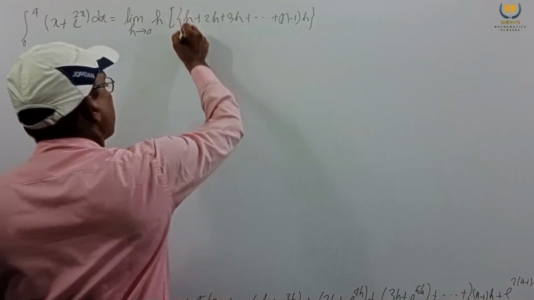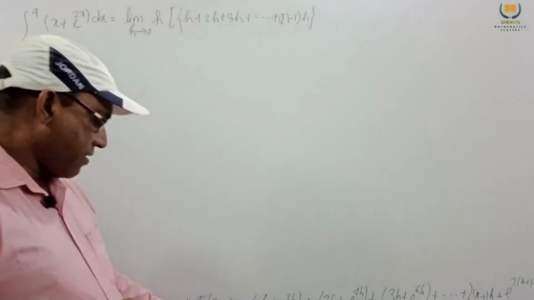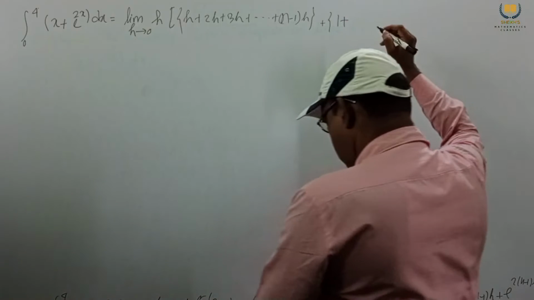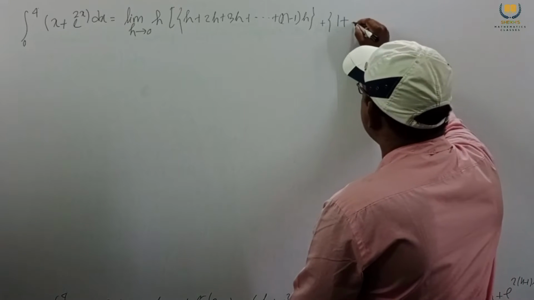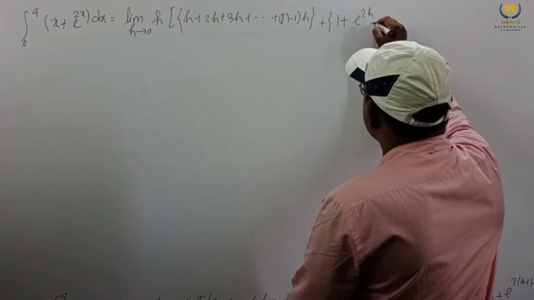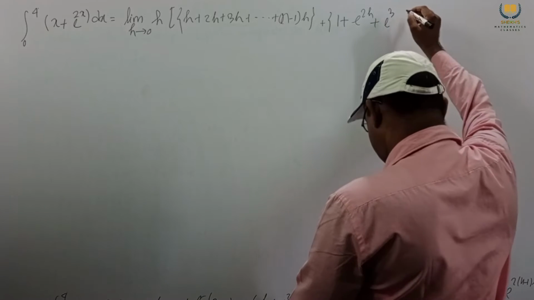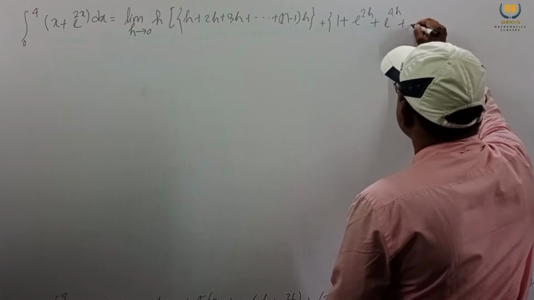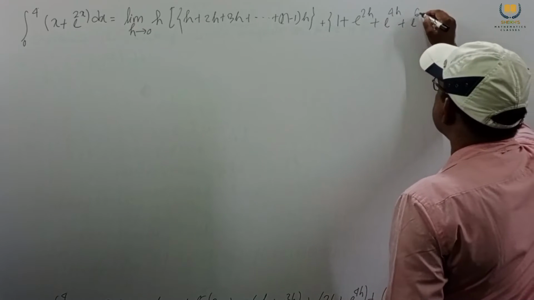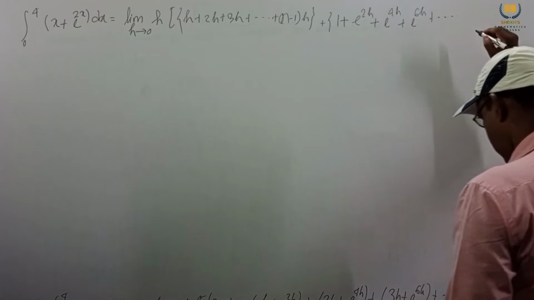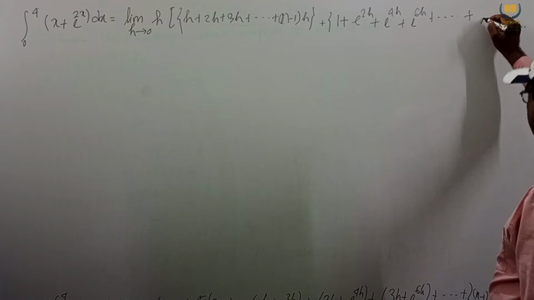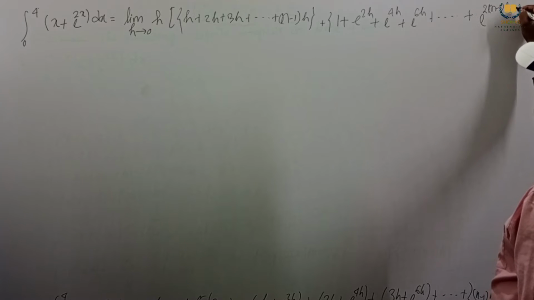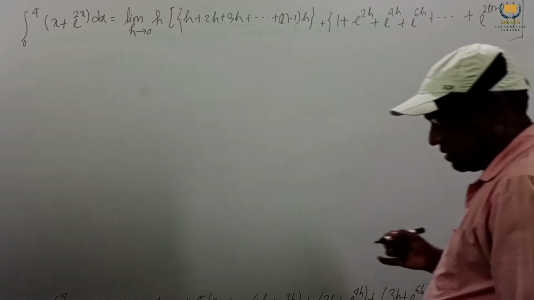Next, the second terms: 1, e to the power 2h, plus e to the power 4h, plus e to the power 6h, plus dot dot dot plus e to the power 2 into n minus 1 into h. We get this one.